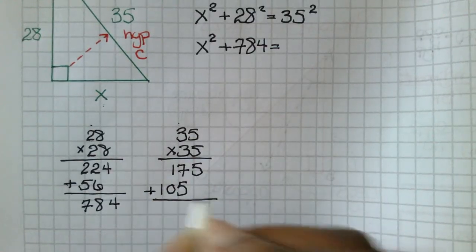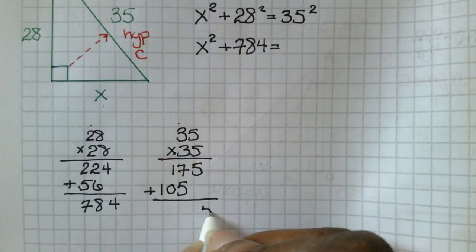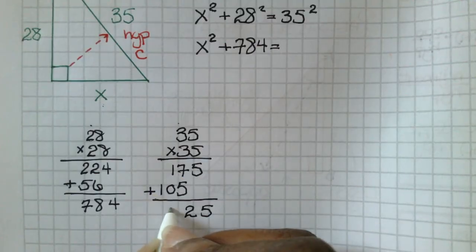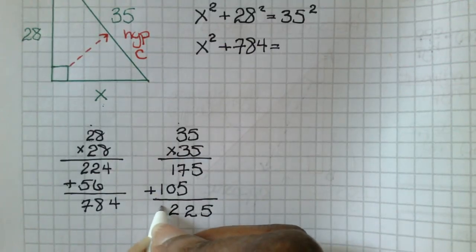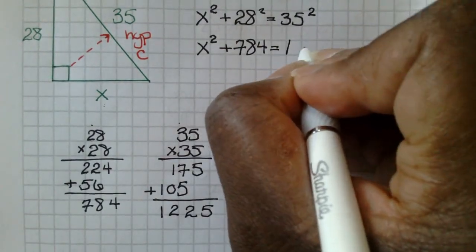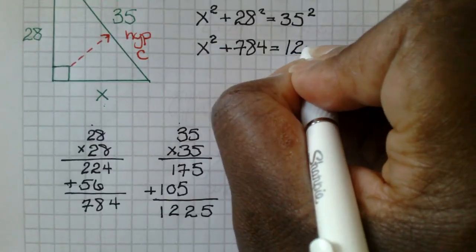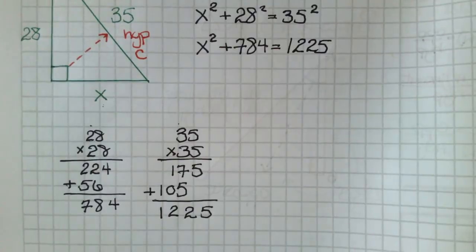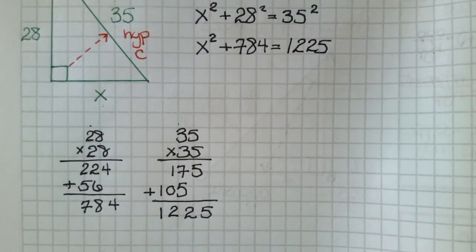And we're going to add these together. So you have your 5, you have your 12, carry the 1, that'll be your 2, and this is 1. So it gives you 1,225. Okay.